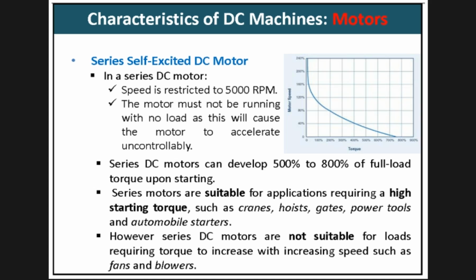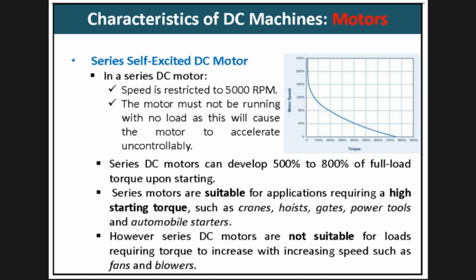Series DC motors can develop 500 to 800% of full load torque upon starting. So it has a very high torque at the start.